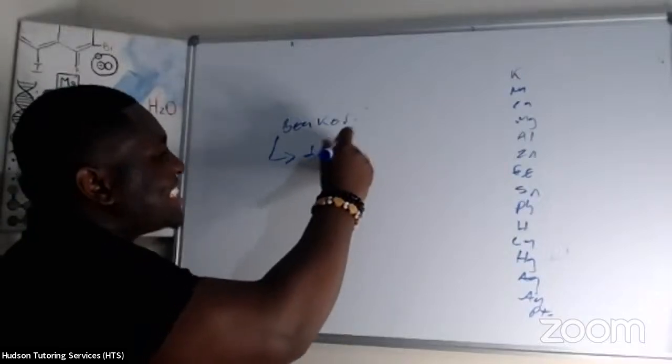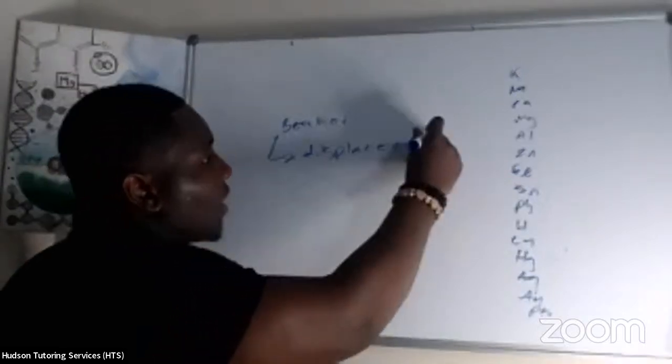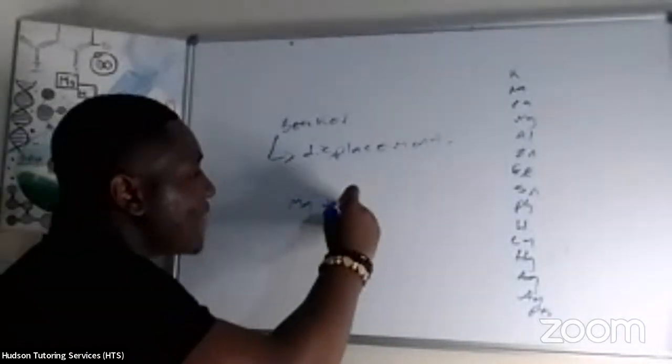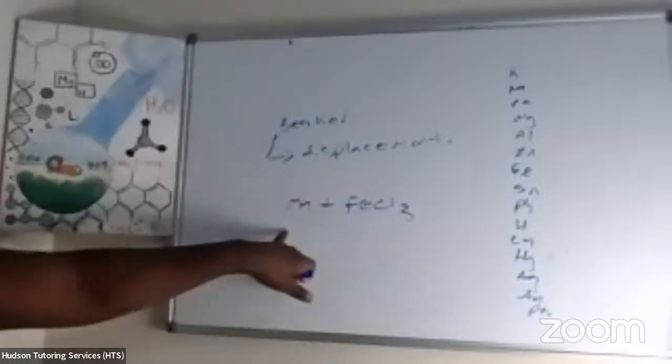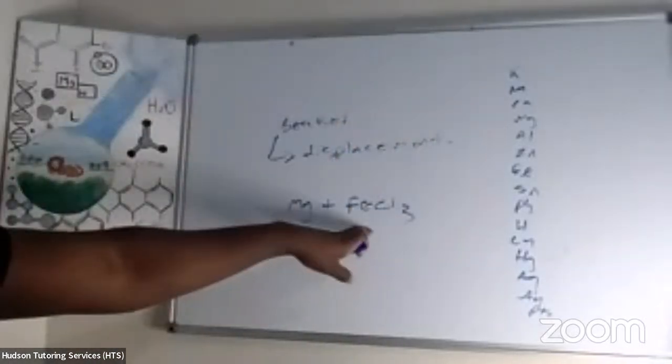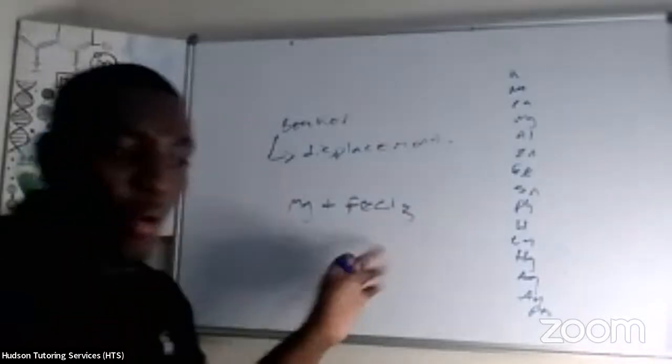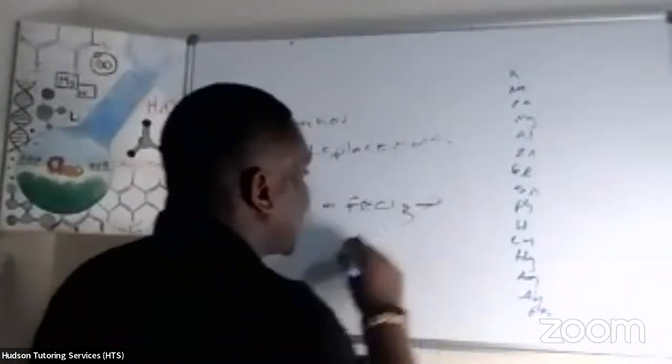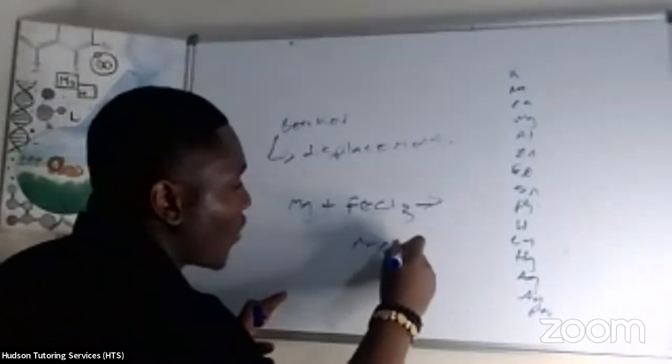When magnesium reacts with the FeCl3, because it is higher in the reactivity series than iron, it would displace the iron from the chloride. So you end up with magnesium chloride and Fe3 plus ions in solution.